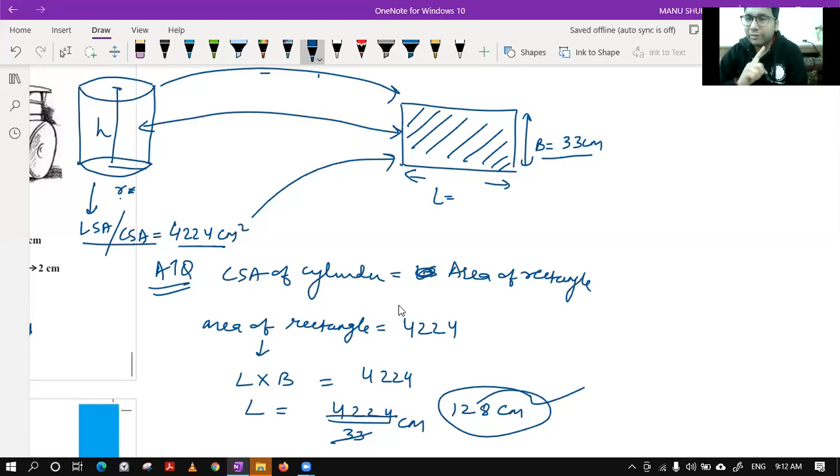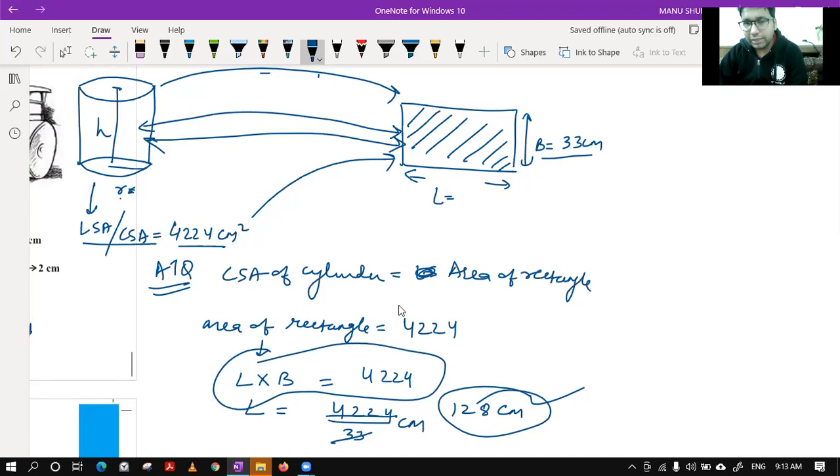That was also a correct method, but it was quite long, in which you first found the value of radius, then the circumference, and you said that is equal to the length. But in this method, we equated their areas, by which we got the answer very easily. That's it.